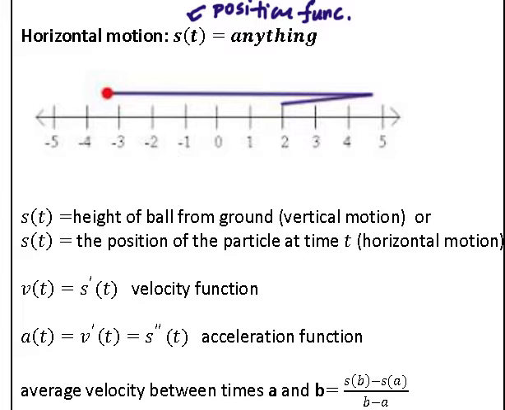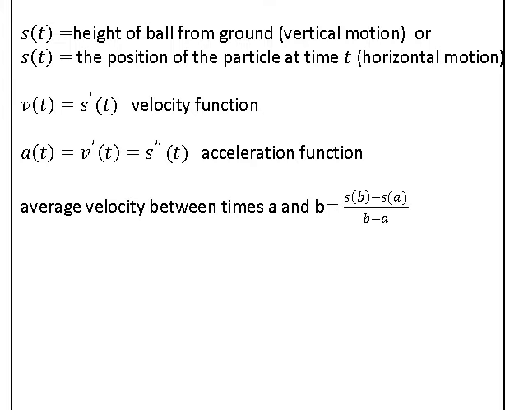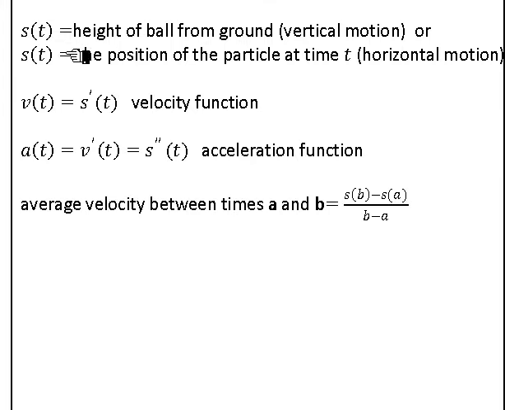Okay, so let's look at what these functions look like again. Let me just once again reiterate that s of t, in the case of vertical motion, is the height of a ball from the ground, or in the case of horizontal motion, s of t is the position of the particle at time t on the x-axis. Now, the velocity.